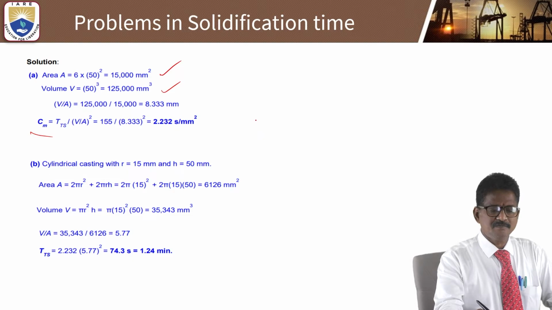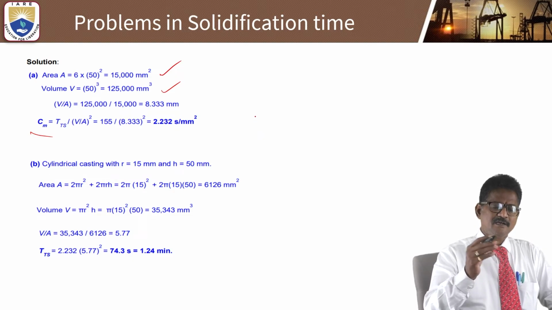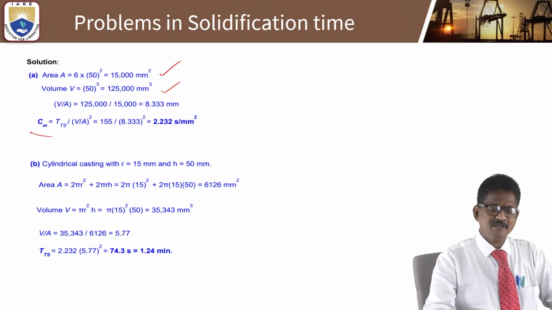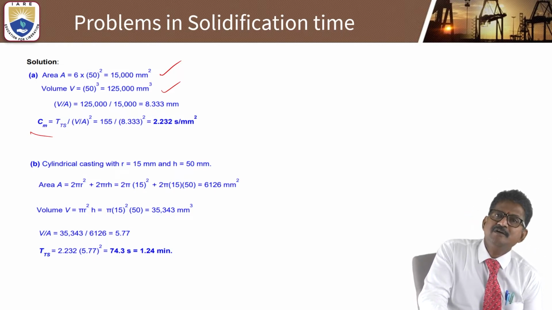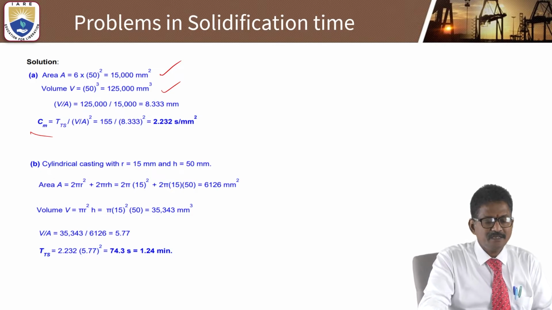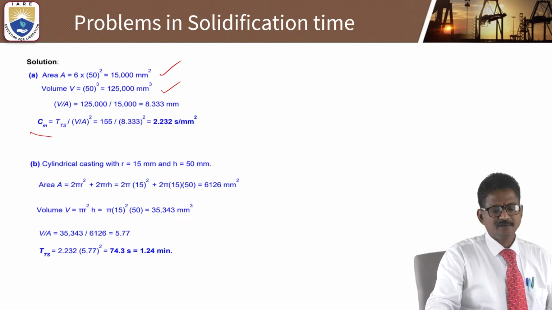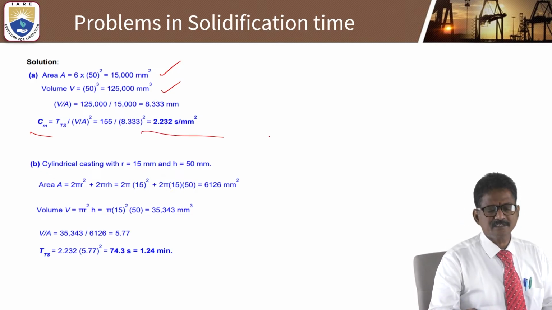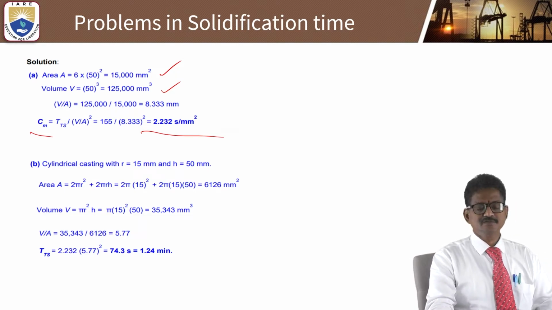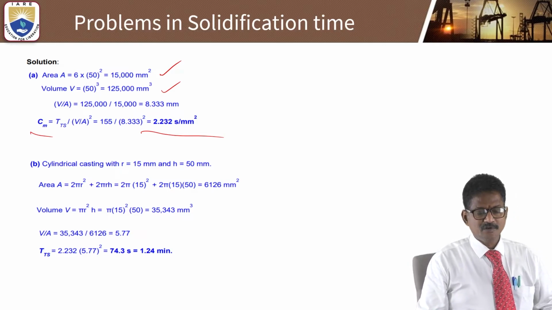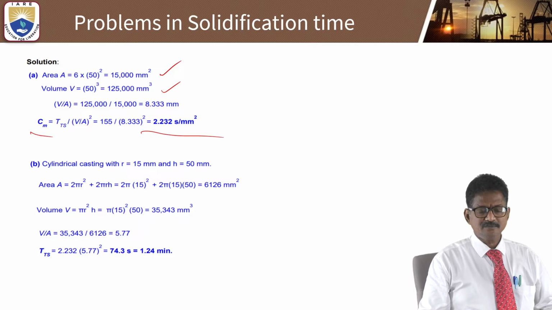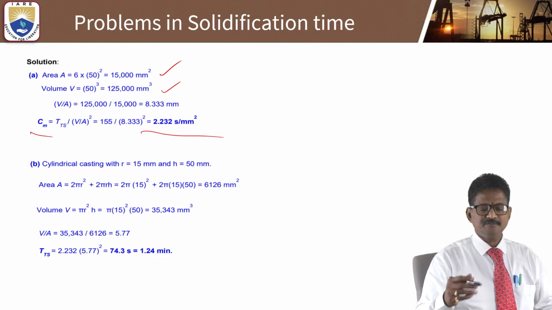This Cm is nothing but the solidification time divided by V by A whole square. So the formula is solidification time equals Cm into V by A whole power square. So the mold constant is almost 2.22, okay, 2.232.